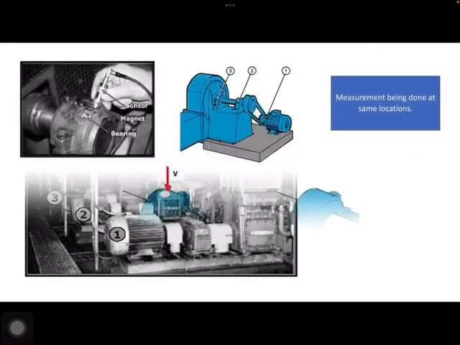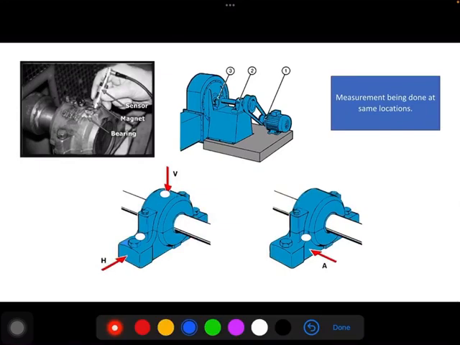And one thing we need to concentrate on is while fixing the sensor on the bearing housing or any plummer block. For example, if you initially take the reading at this point, and next month the next person comes and takes the vibration at a different location for the vertical, then the vibration differs.